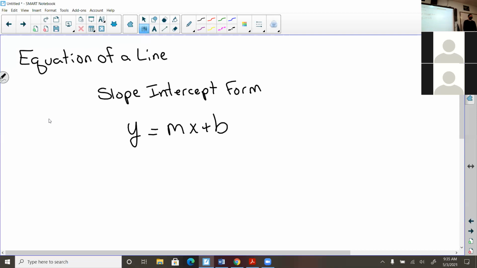The other two forms, just in case you're curious, that we're not going to be using, the first is standard form, and that is ax plus by equals c. This one is a pain because you don't know the slope when you look at it, and it has a lot of restrictions, like a has to be a positive number.